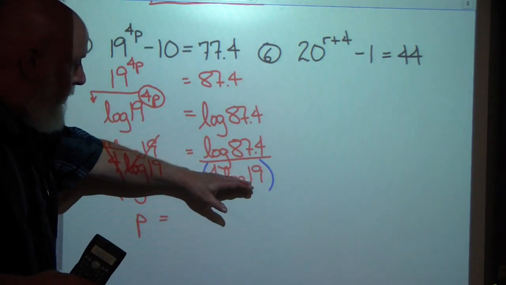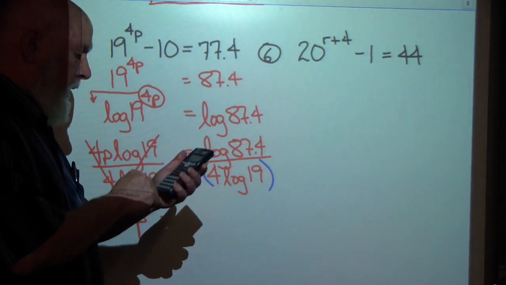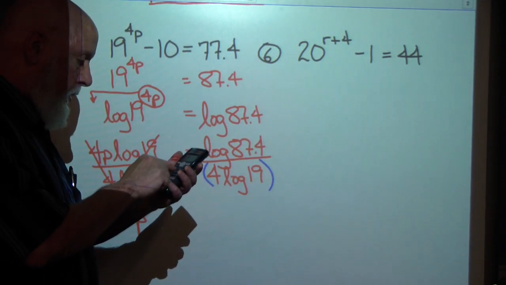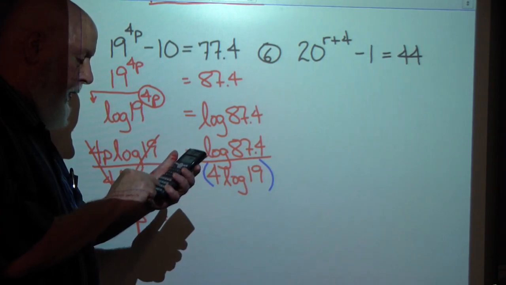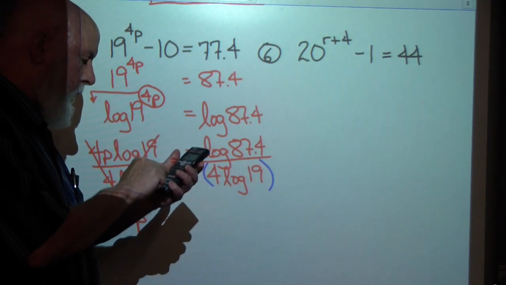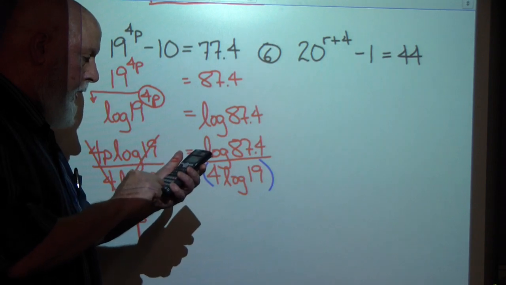That way it will divide this whole thing into that. There we go. And try to hit the right buttons. Hopefully I haven't made any mistakes. Log 87.4 divided by parentheses 4 log 19, close parentheses, equals.